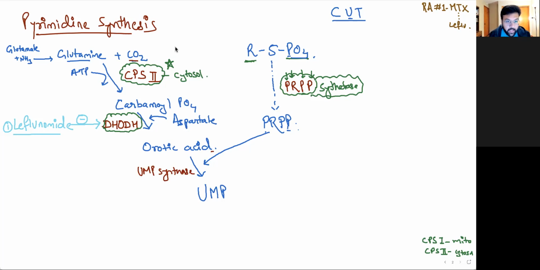They will kick us if we use synthase and synthetase interchangeably. But anyway, let's just keep it UMP synthase. That's our fourth important enzyme, guys. The reason this is important: can you tell me what will happen if I have a deficiency of UMP synthase? What levels will go up?